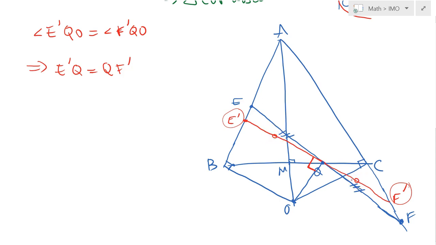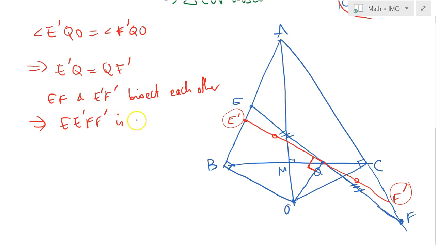Now when you look closely at the line segments EF and E prime F prime, we realize that these two bisect each other. They intersect at their midpoints. So this implies that E E prime F F prime is a parallelogram, because this can only happen for a parallelogram.